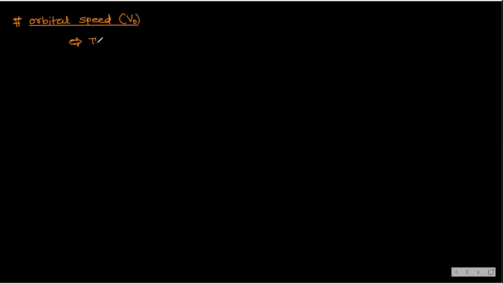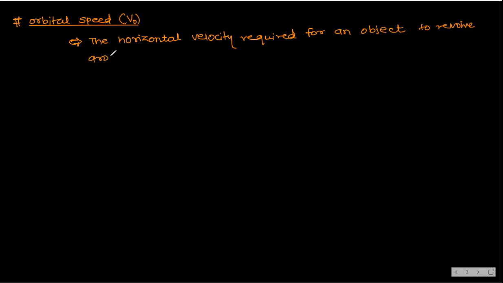The horizontal velocity required for an object to revolve around a planet in a circular orbit is nothing but orbital velocity. Let's see with a diagram.